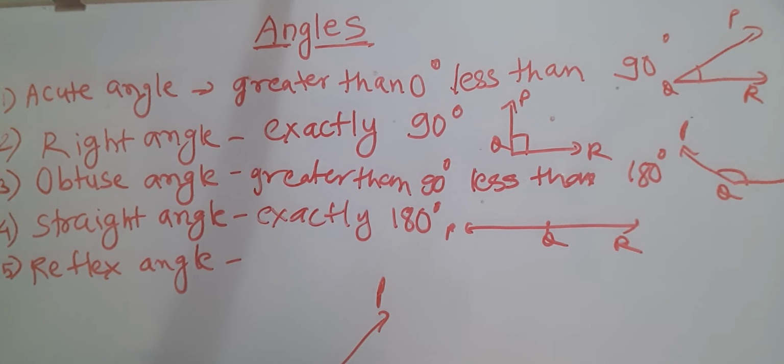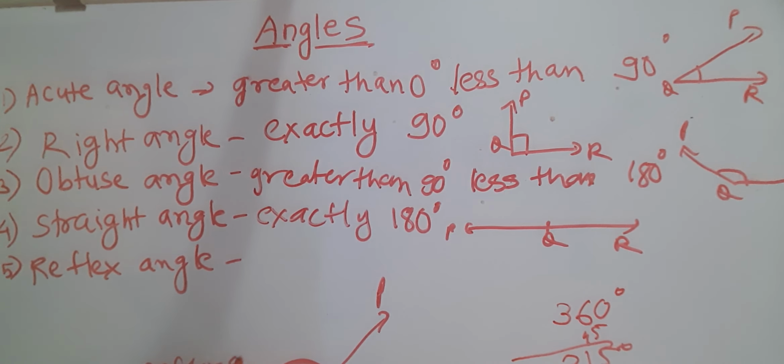From this side it's making 45 degrees. But at the outer side of PQR, it is making an angle of greater than 180 degrees. The total is always 360 degrees. Out of that, if I remove 45 degrees, it is making an angle of 315 degrees here. So PQR, from this side it's making an angle of 315 degrees, which is greater than 180 degrees and less than 360 degrees. Then this angle is called a reflex angle.